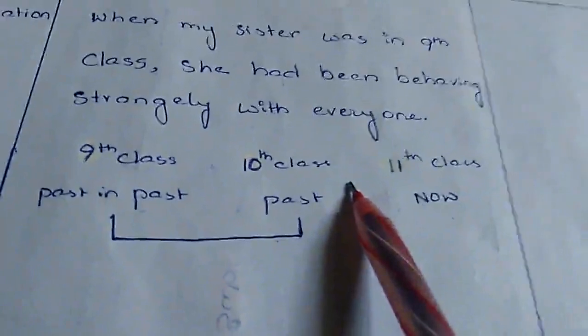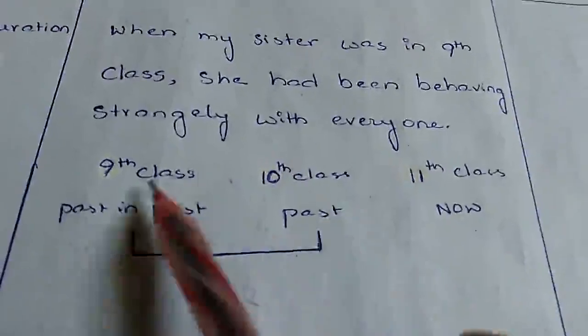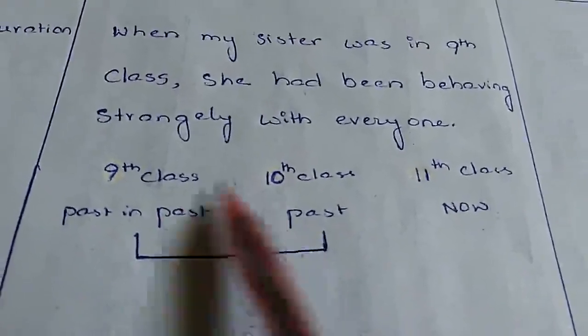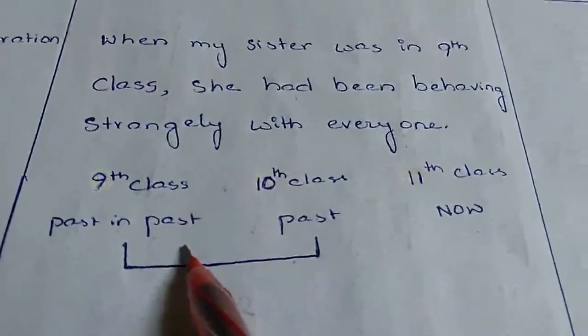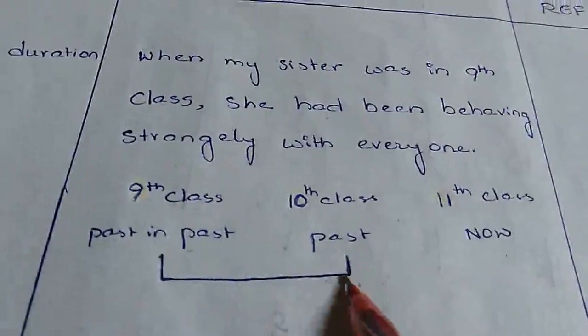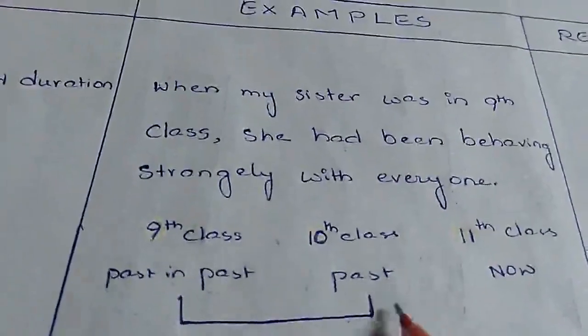It was only when she was in 9th class that everyone could experience such behavior from her. That means she had been behaving strangely with everyone. This is only for a limited duration.